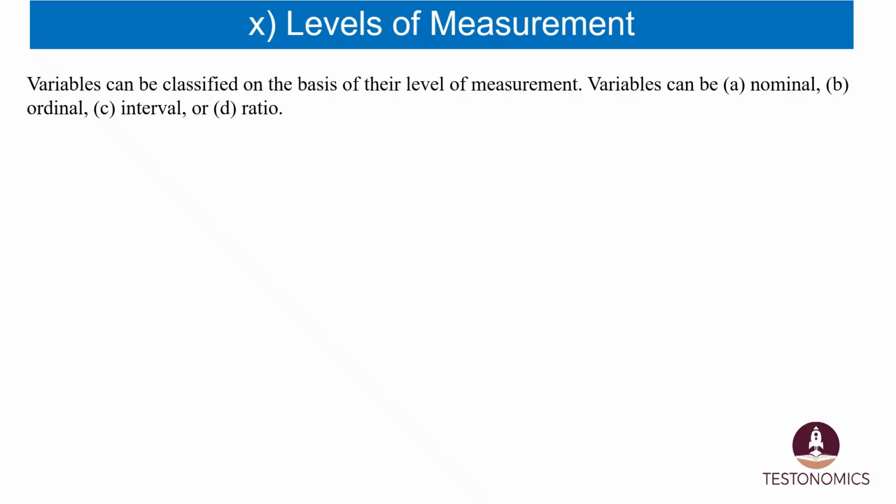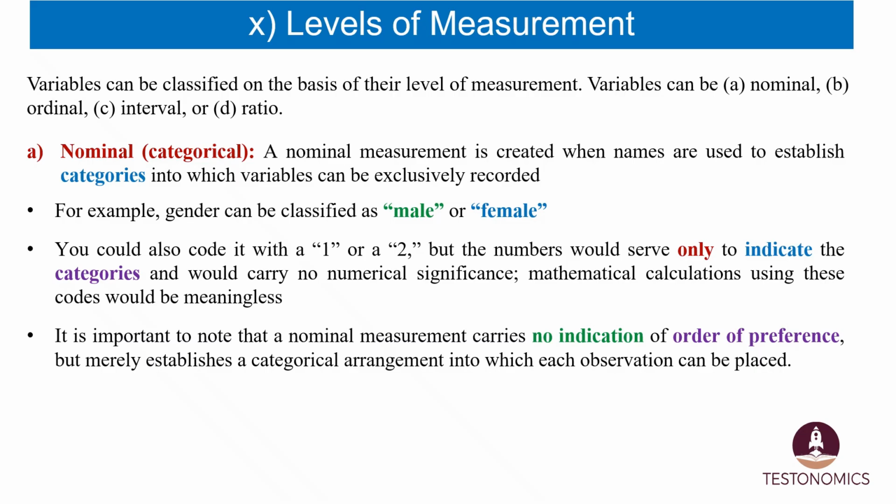It can be nominal, ordinal, interval, or ratio. What is the primary difference across all these 4? It is what sort of mathematical operations can be done. So let's understand them one by one, then come back and read all these 4 once again and you will be able to follow. First is what we call nominal, or we also call it categorical.